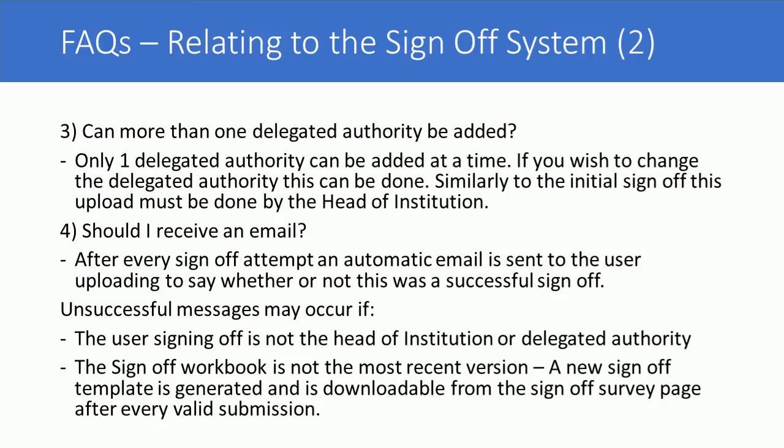Some common reasons why you may be unsuccessful is that the user signing off is not the head of institution or the delegated authority. A second reason why it may be unsuccessful is that the sign-off workbook is not the most recent version. A new version of the sign-off workbook is created every time a valid submission is made to the submission system.